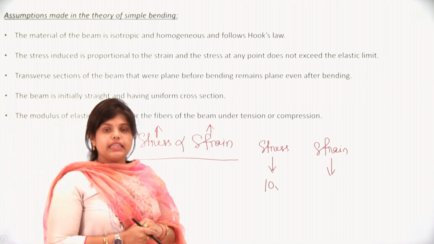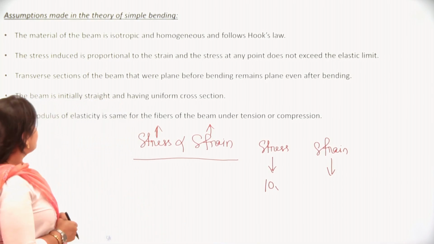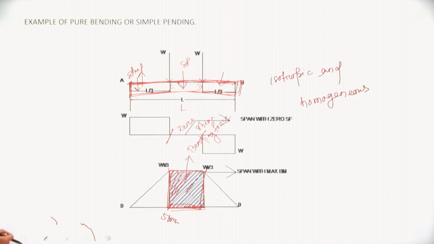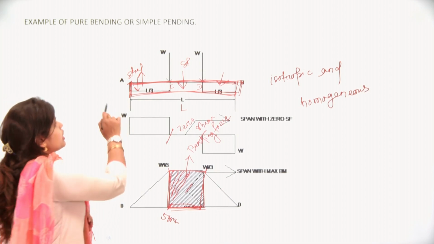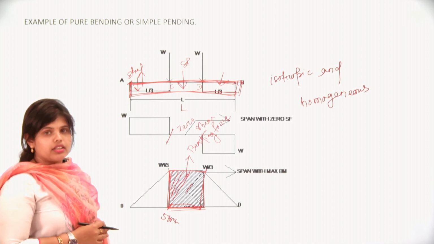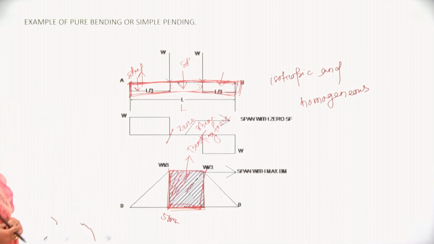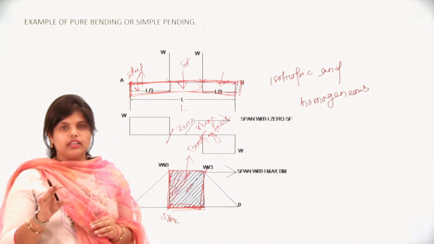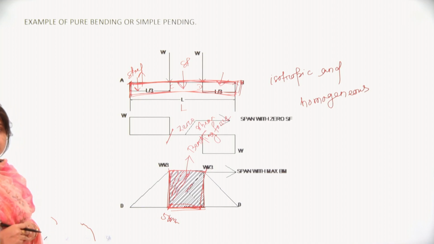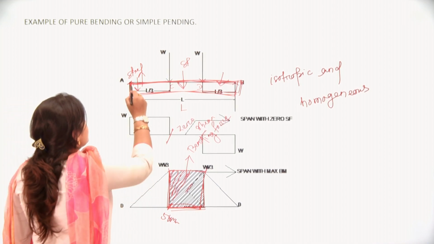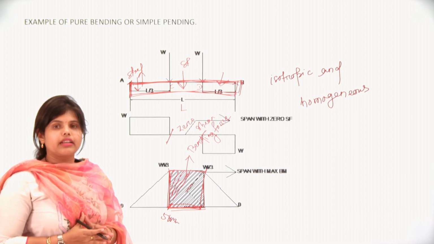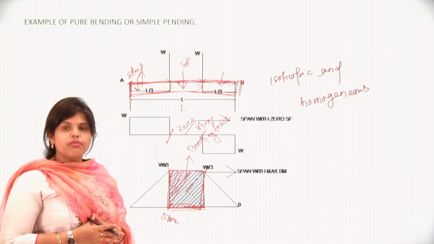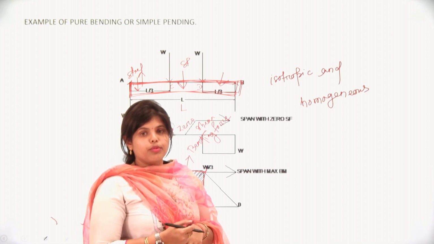The beam is initially straight and has a uniform cross section. Here you can see the beam is straight. Practically, a beam will be a straight line and uniform in cross section. The beam is usually rectangular in shape, and it can also be circular or square.